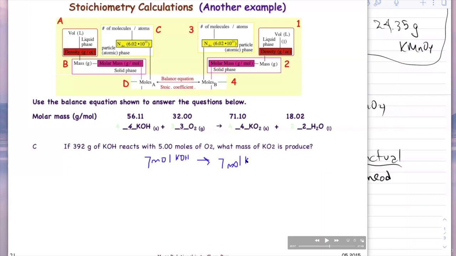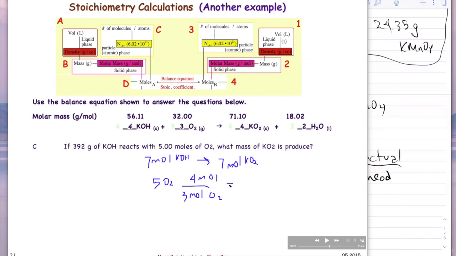Okay. If you have 5 moles of oxygen, then you've got to do the math. You've got to use the fact that for every 3 moles of oxygen, you have 4 moles of KO2.